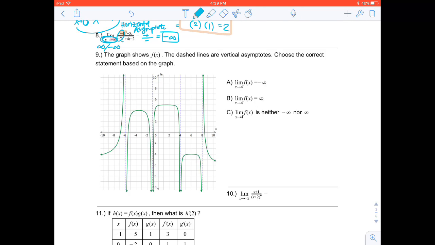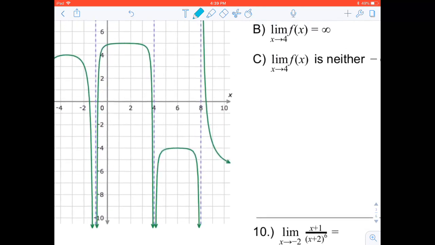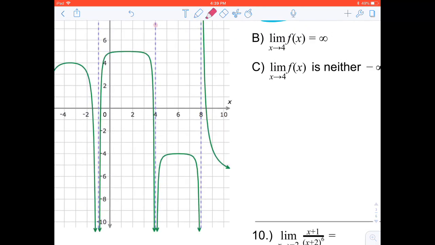Okay, number 9, we have a lot of vertical asymptotes here, and we're specifically looking at what's happening when x is approaching 4. So I'm going to zoom in here to where x is equal to 4.